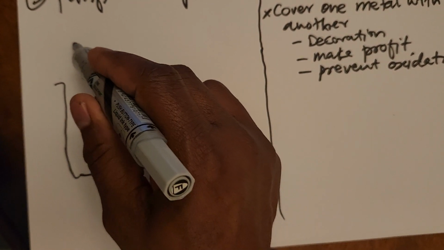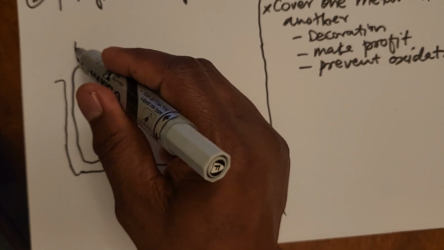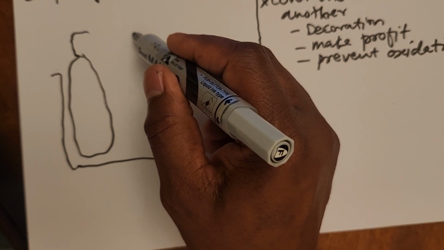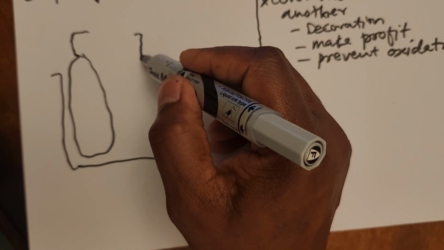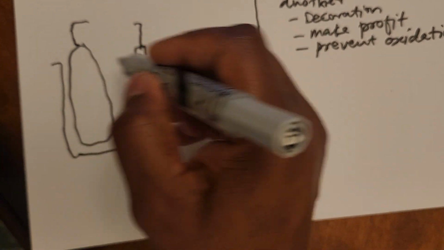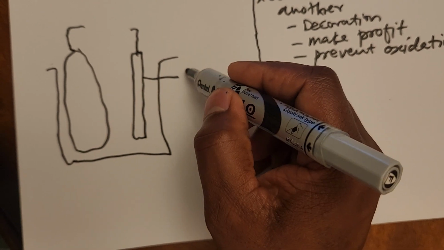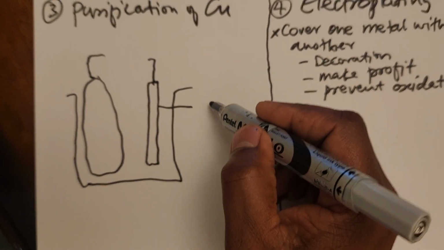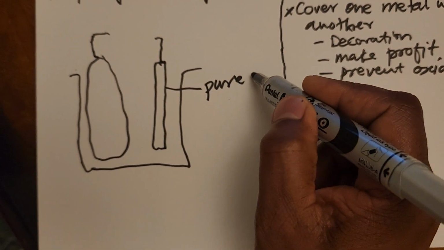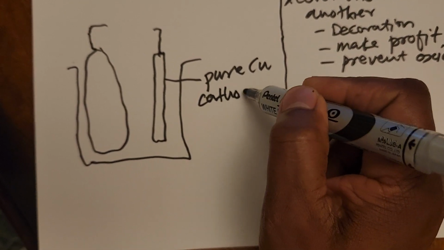We have got 2 electrodes. In this case, normally you don't need to be given the polarity of the electrodes, because we know that if it's the purification of copper, you will be using copper electrodes in both cases. One will be pure copper. That's where the reduction is taking place.